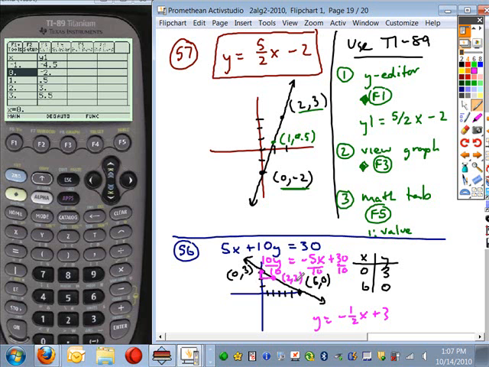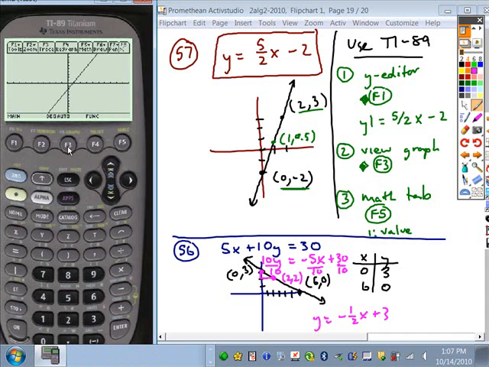I would like you, though, to pick points that are reasonable. I don't want you to go out of the way. I don't want you to use your calculator and say, okay, well, one of my points is going to be for this one up here, 0, negative 2, and my other point, I'm going to use the value of 100. So my other point is, oops, it's out of the window, let's use the value of 10.